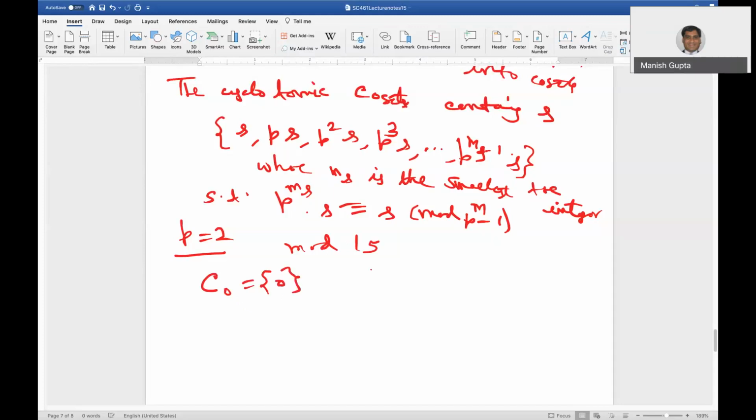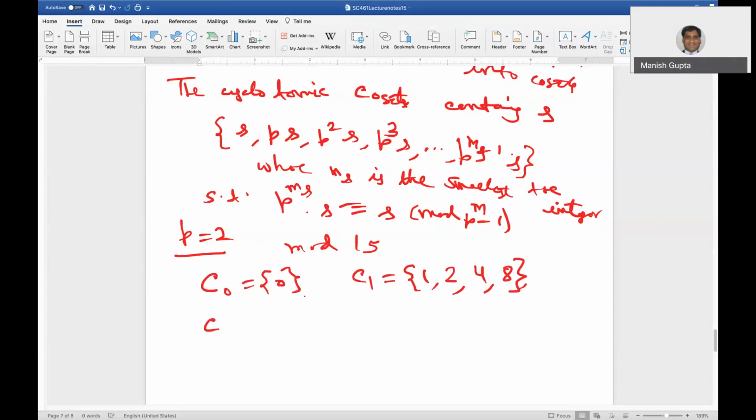C1 will be 1, then 1 into 2, 2 into 2 is 4, 2 into 4 is 8, 2 into 8 is 16, modulo 15 is 1. So we are left with this.